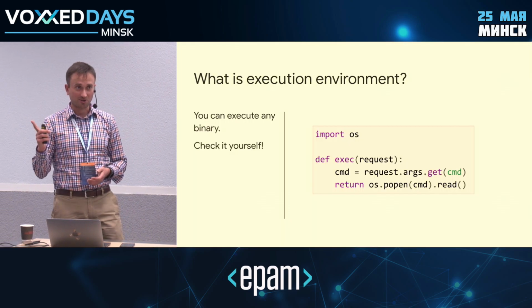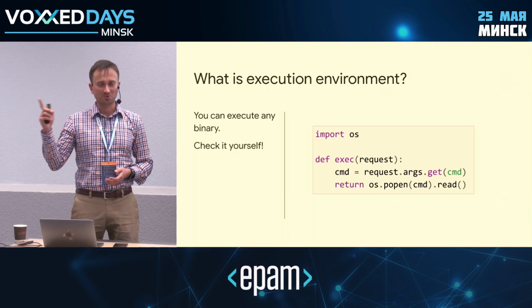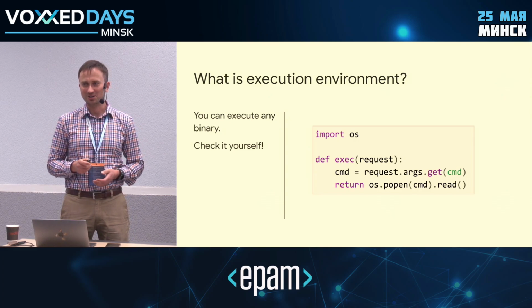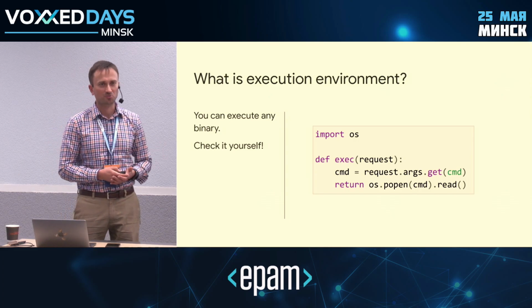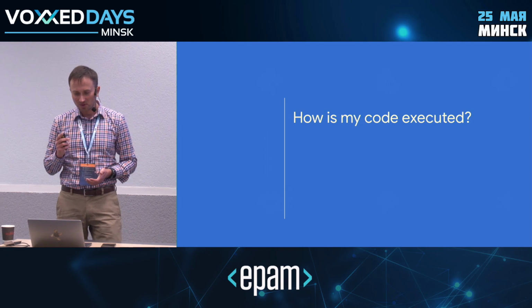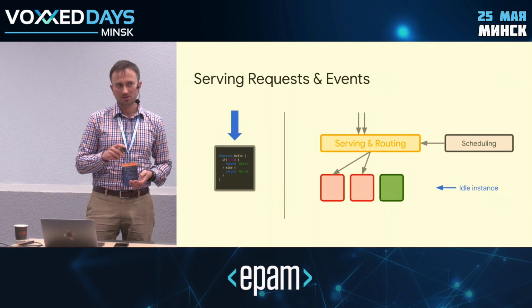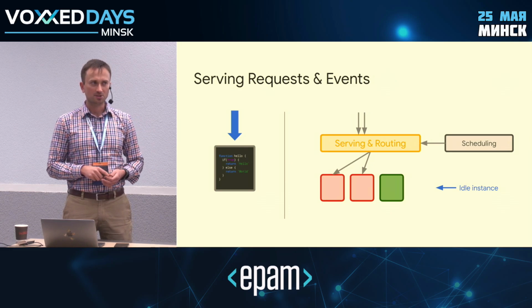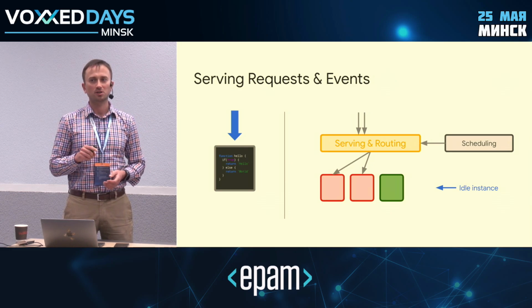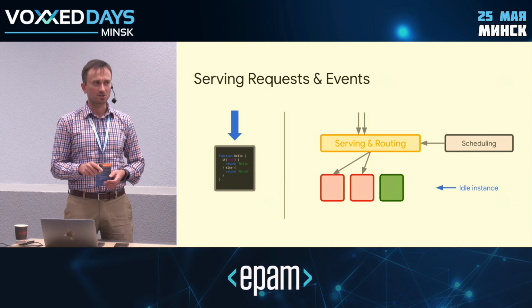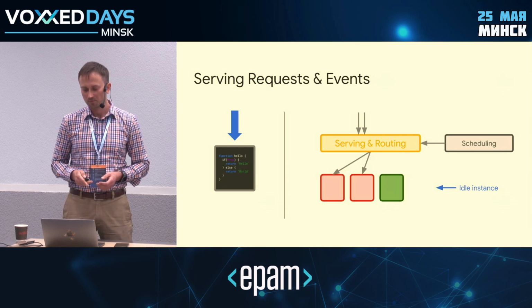So I actually encourage you to go to Google Cloud Functions after this talk and check what the execution environment is. How is the code executed? You know that it's executed on instances, and now the question is how we start those instances and when we shut them down.